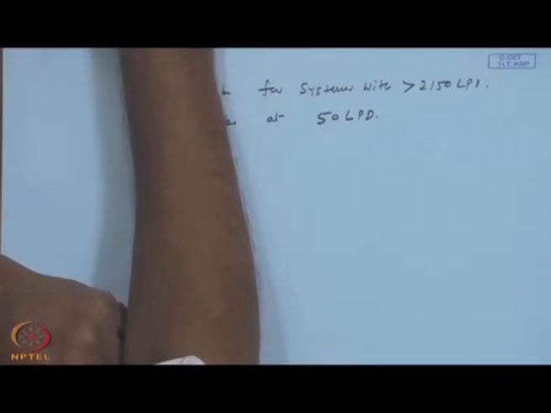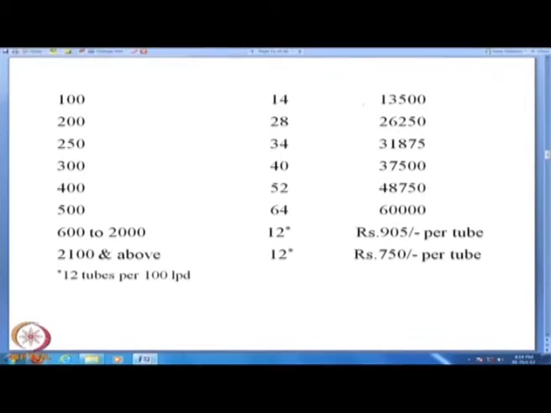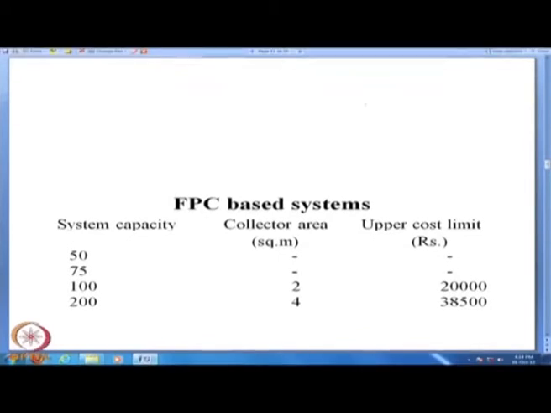Almost it becomes half for larger systems. That may be because site preparation and auxiliaries like pumps, etc., will be taken care of more easily in the larger system.